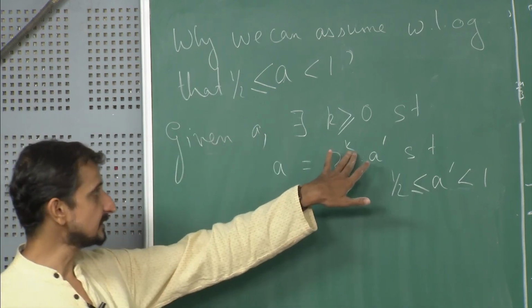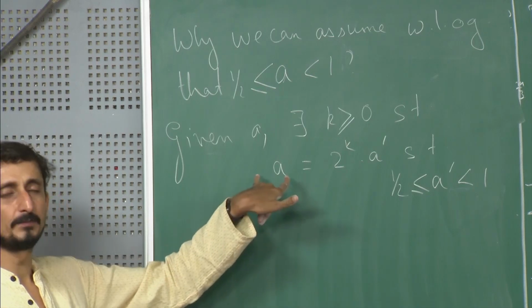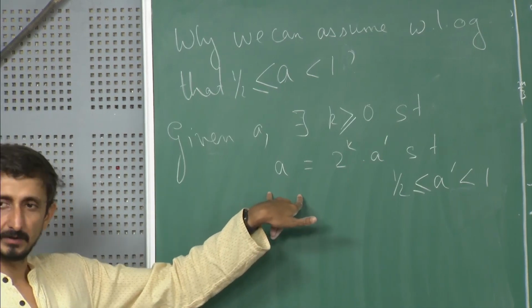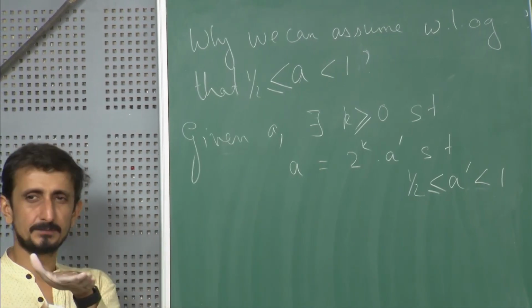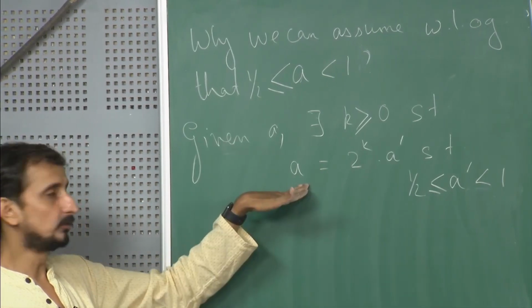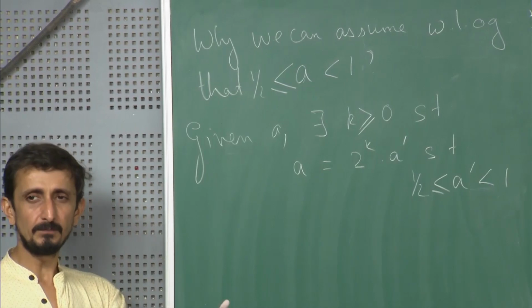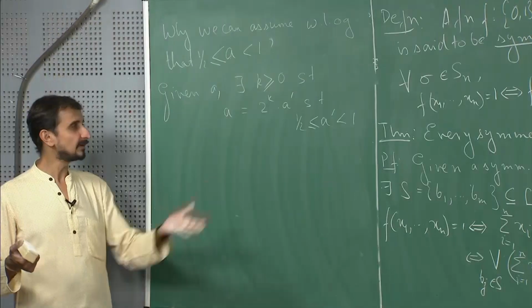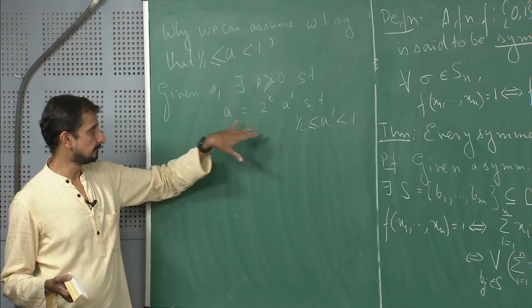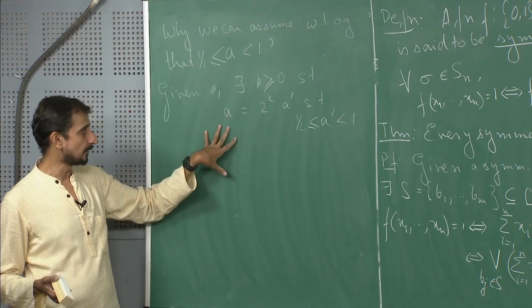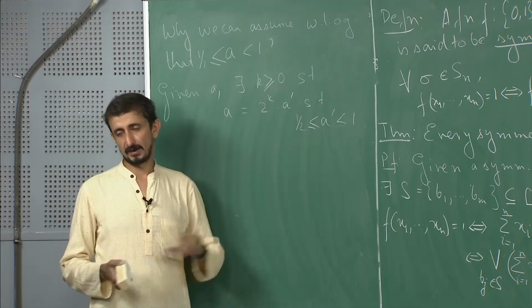And how large is k? k is as large as logarithmic in a. So you can very easily create a log depth circuit which can do this for you. It will keep on dividing a by 2, and find a number k such that dividing a by 2 to the power k gives you the required number.